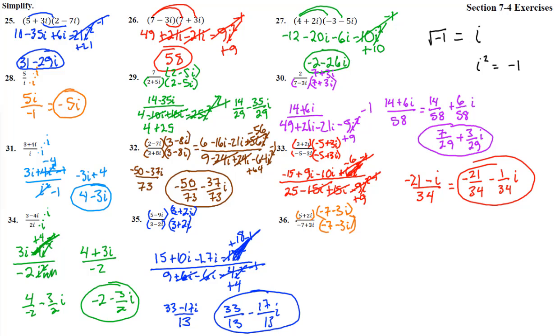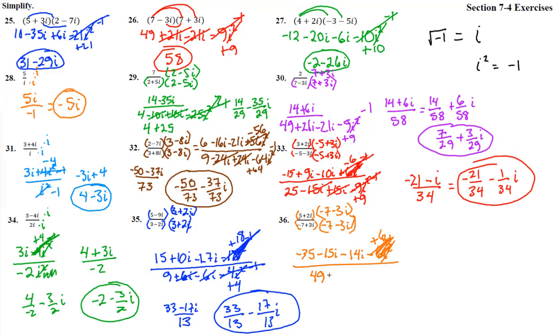Okay, so 5 times negative 7 is a negative 35. 5 times negative 3, that's a negative 15i. 2i times negative 7, that's a negative 14i. And then 2i times negative 3i, that's a negative 6i squared. I squared is negative 1. Negative 6 times negative 1 is a positive 6.